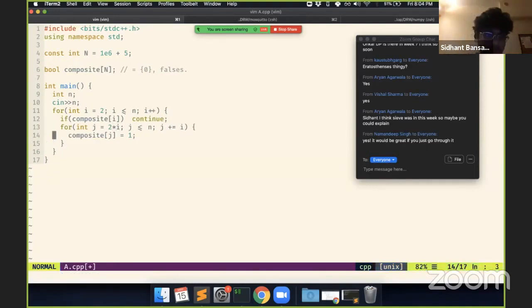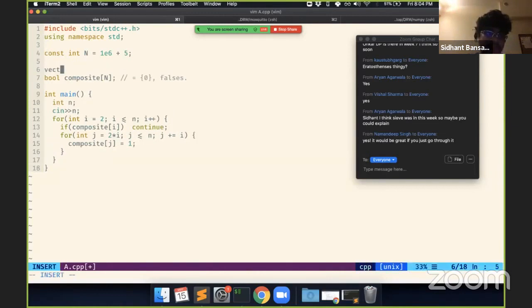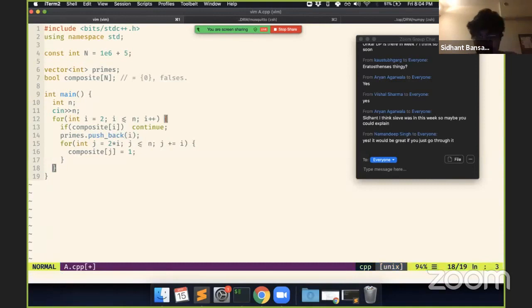I'll first write the broad code. So this is more or less the entire code of the normal sieve. We'll come to the factorization part later, but that's the default code.